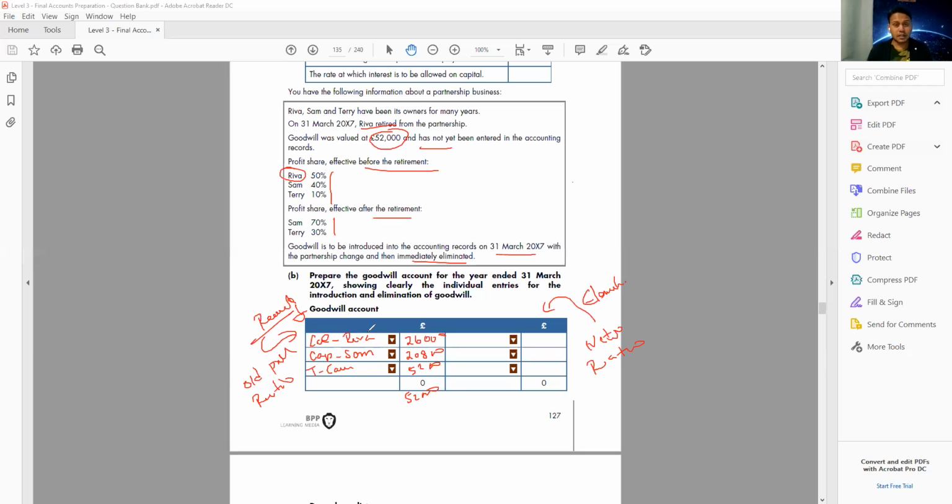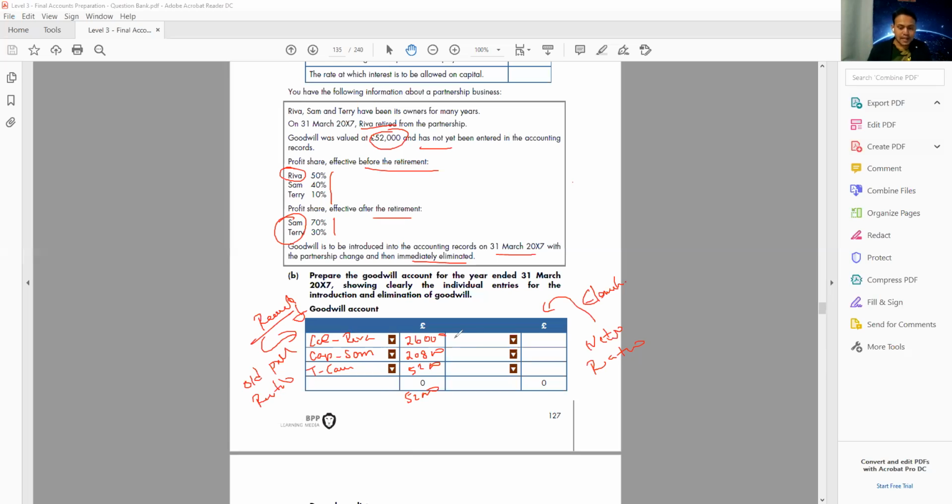Now I have to eliminate the goodwill to the new ratio, to the partners who are left. So I have Sam and Terry left, so I'm going to eliminate that. So now it was before debit. Now I'm going to make it credit. So debit and credit will be offset. Whatever is remaining is the capital.